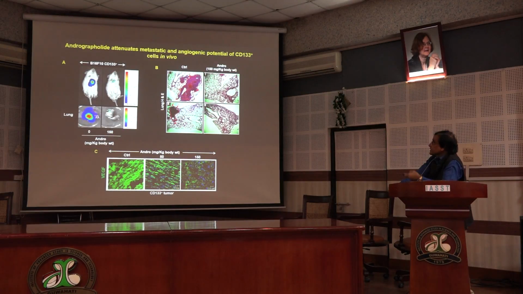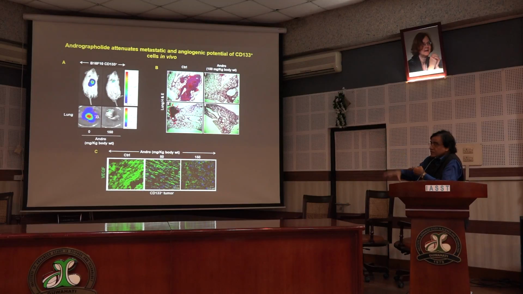What is important is that we have shown that CD133 positive cells metastasize to the lung if you inject through the tail vein, IV. So in that lung metastasis model, we gave andrographolide at 150 milligram per kg body weight. This inhibits lung metastasis, which is the important finding of this study.